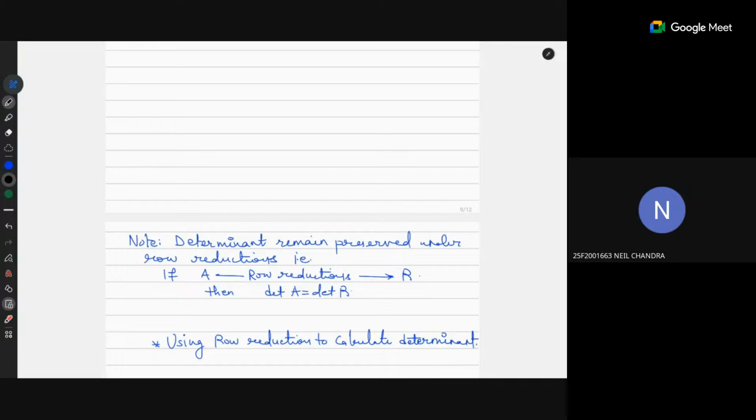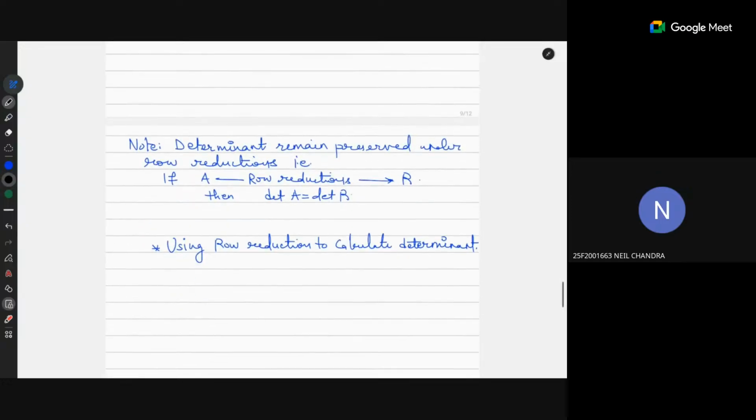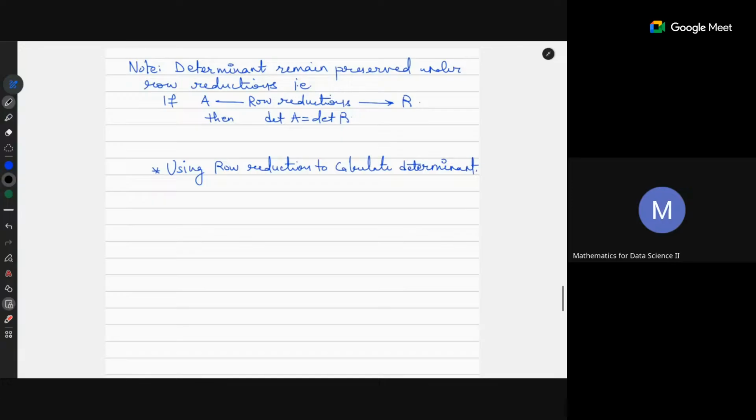Sir, when we obtain the system Rx equals B, how do we solve that? By the normal method, or do we again apply Gaussian elimination? After converting A to the augmented matrix, also changing the column of B according to the operations, when we finally obtain Rx equals B, how do we solve?